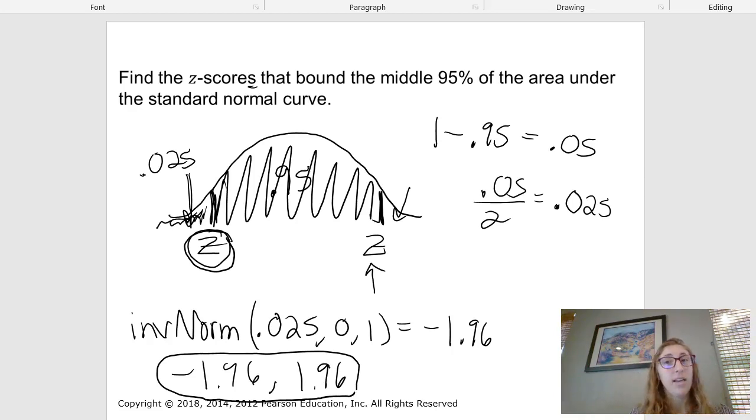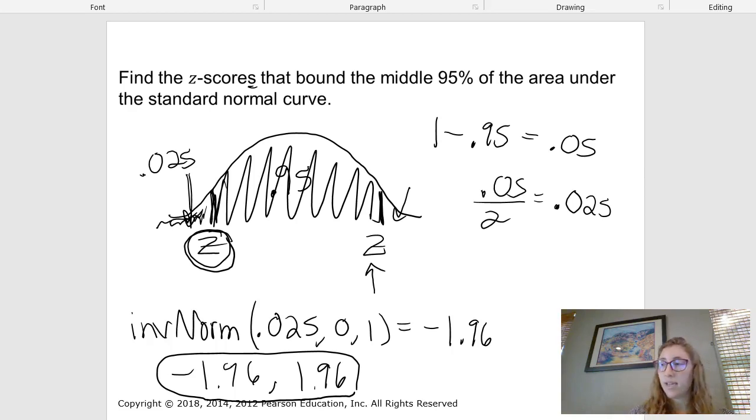Now think for a moment, this middle 95%, we have heard about this before. We talked about this 95% when we talked about our empirical rule. Our empirical rule was an approximation.